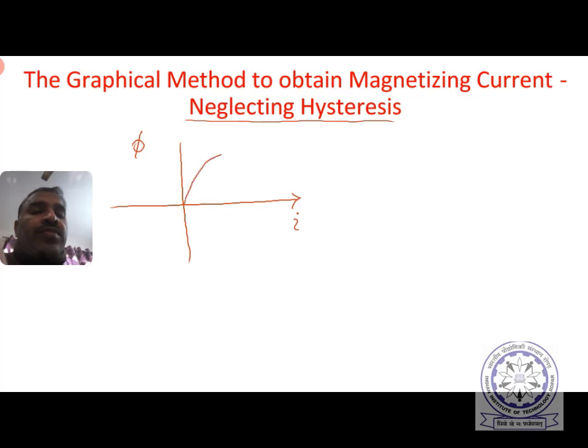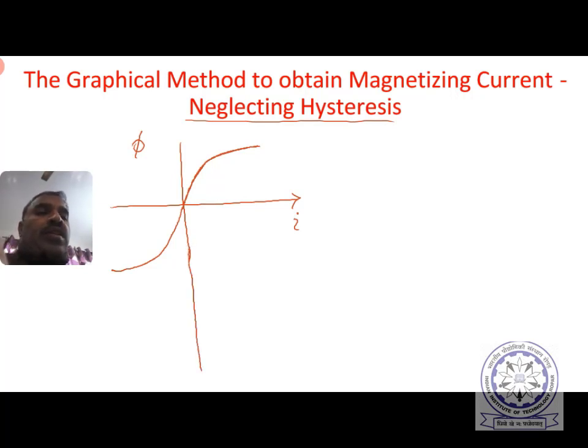Neglecting hysteresis, the BH characteristic or phi-I characteristic: this is I, this is phi. The characteristic will be like this, and in the negative cycle, like this.